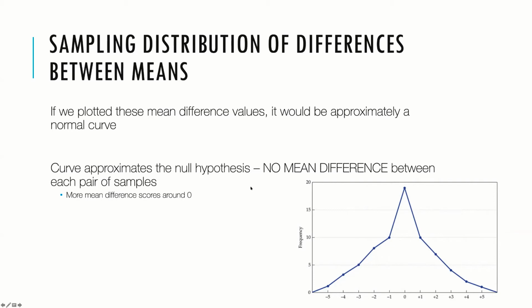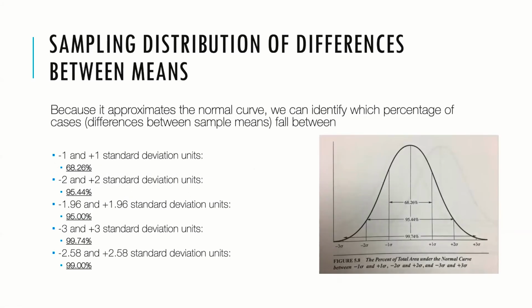And if we recall, we can take that information about distributions and think about where these scores fall in relation to other scores, right? We can take a normal distribution and break it into standard deviation units, or z-scores, right? Z-scores are standard deviation units. So we know +1 standard deviation, +1z, -1z.